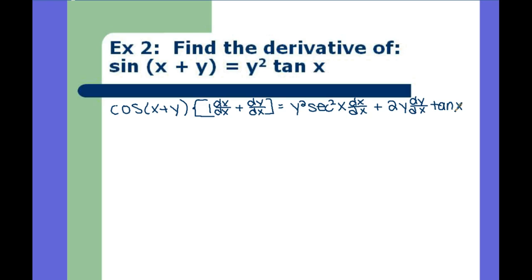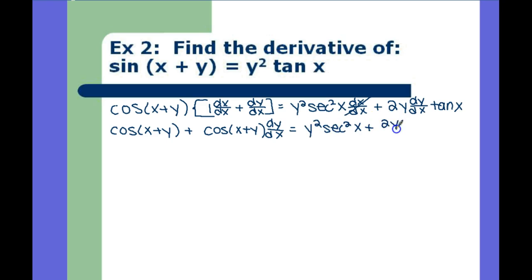This does what with parentheses? So you get cosine(x plus y) plus cosine(x plus y) dy/dx equals y squared secant squared x plus 2y tan x dy/dx.